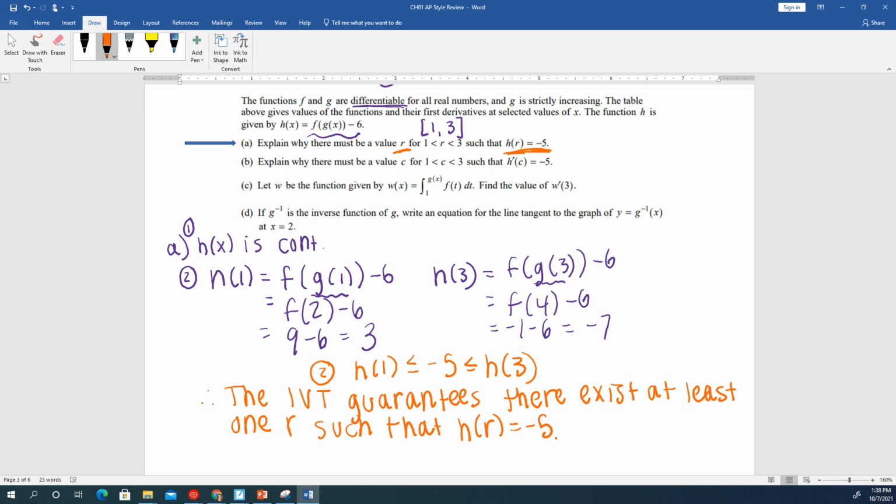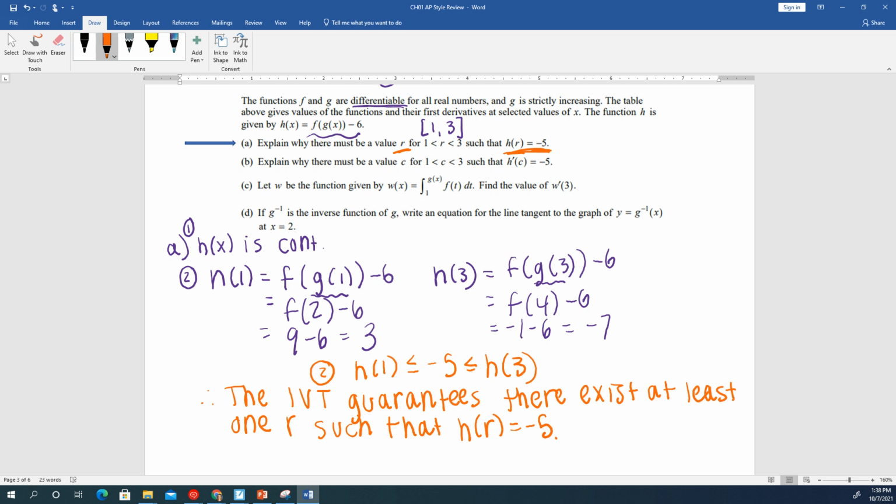Okay, so there is an example of the intermediate value theorem. If you quickly glance at B, anytime there's an existing, like explain why this exists, it hints at one of your big 3 theorems, and B is one of the second theorems we're going to learn.